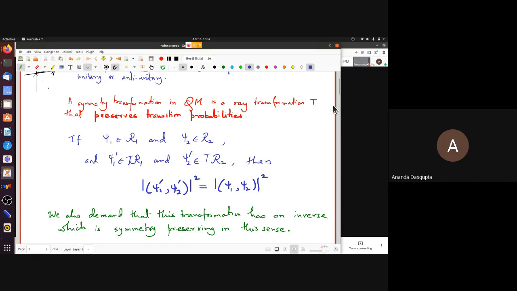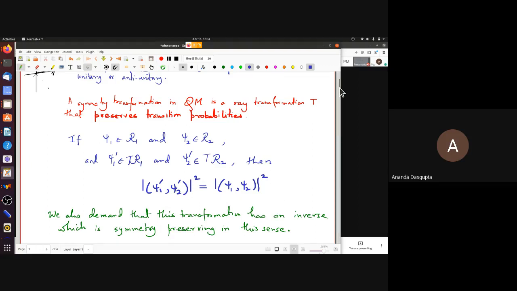What we are really going to try to do now is show that with this definition of a symmetry transformation, it is possible to define an operator which acts on the states and produces new states, such that when psi1 belongs to R1, psi1 prime, this operator U acting on psi1, belongs to TR1, and this particular result is obeyed.